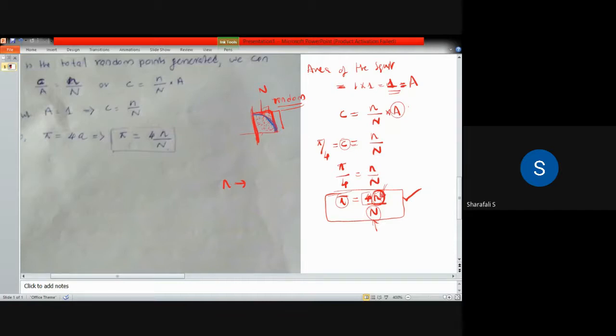If you divide n by capital N and multiply with 4, then you will get the value of pi. So we will generate the points by using the random function in Python, and then we will check whether each one is coming within that quarter circle range.